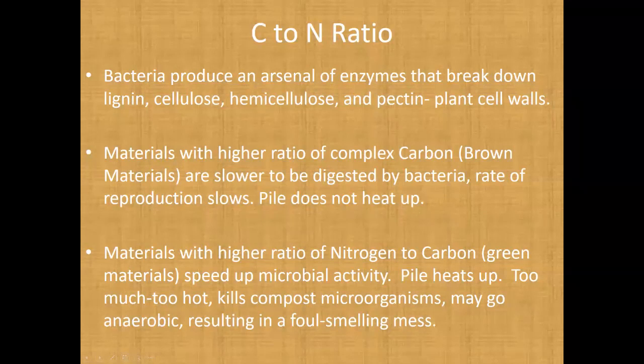And so the materials with higher ratios of nitrogen to carbon are going to be what we call green materials, and these are quick to be digested by microbes in comparison to the brown materials, because there's more available nitrogen relative to the carbon.